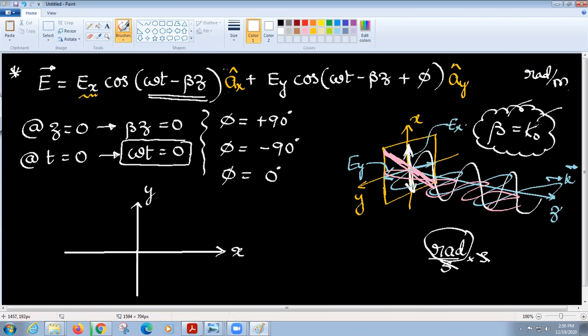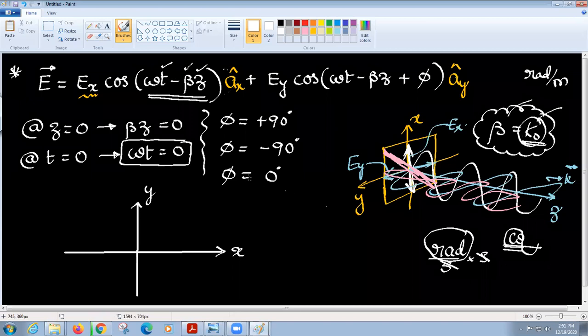This k naught says how quickly the electromagnetic wave varies in space, and omega says how quickly it varies in time, so you multiply by time for omega and by the space quantity z for k naught. In this case we just took a one-dimensional wave.